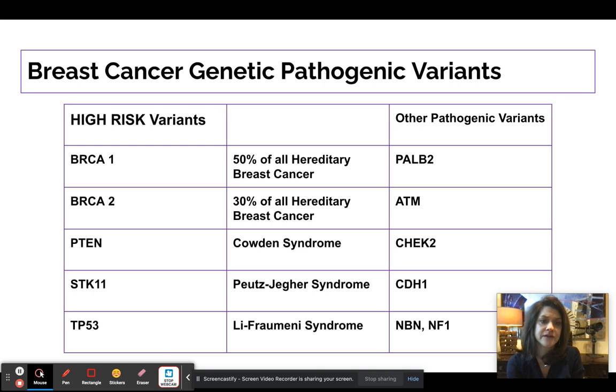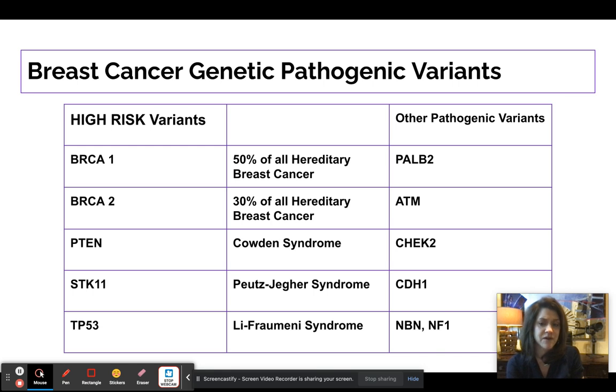Moving forward, looking at the breast cancer genes. These aren't quite as important for you to memorize all of them or be familiar with the cancer syndromes, but most importantly, that you've had some exposure to them and that you can look them up as needed. 50% of all hereditary breast cancers can be attributed to the BRCA1 mutation. BRCA2 is 30%.